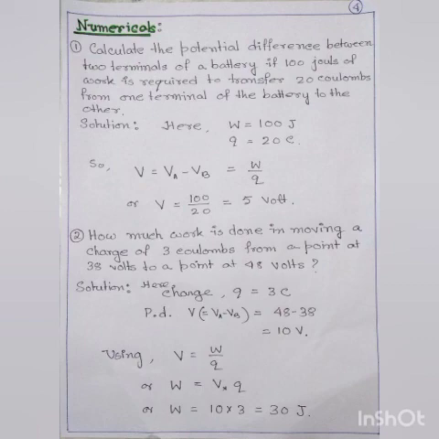What will we get? The amount of work done will be 30 joule. We know the unit of work done in the SI system is joule. Coulomb and volt, the units of charge and potential difference, are all SI units, so here the unit of work will also be in the SI system, that is in joule.